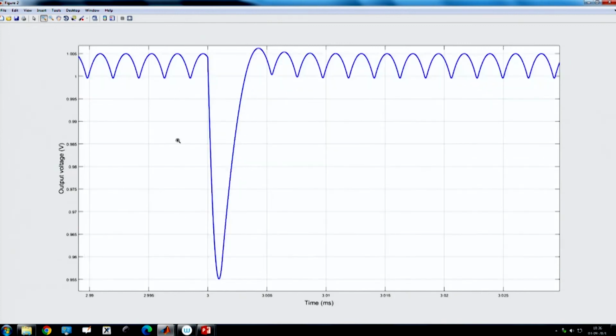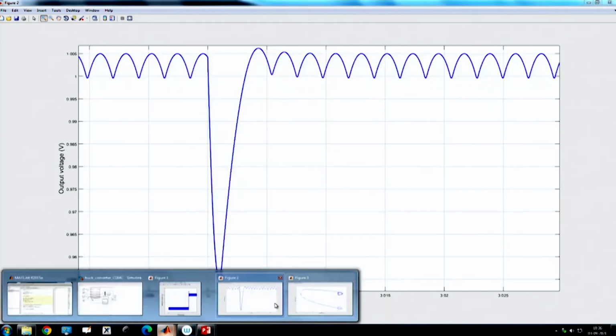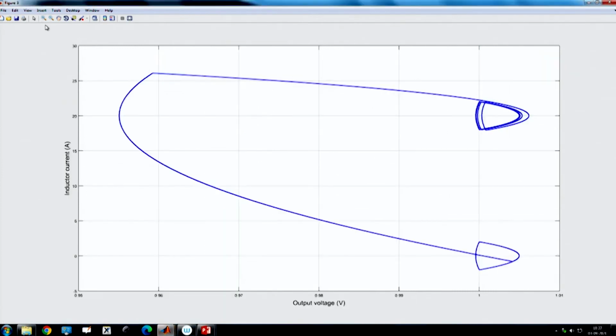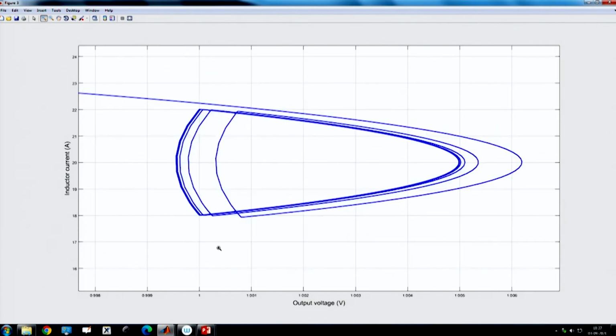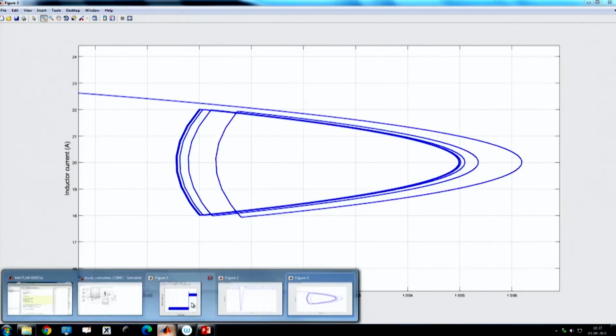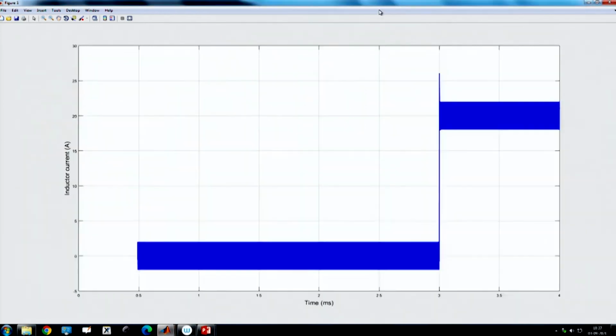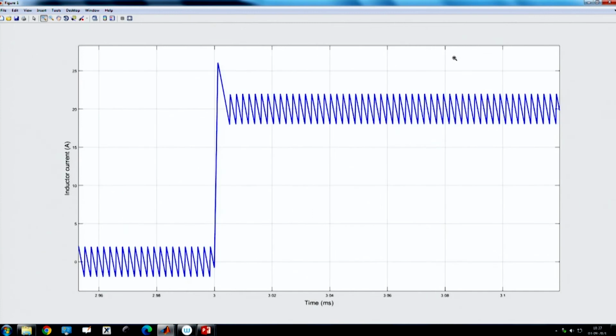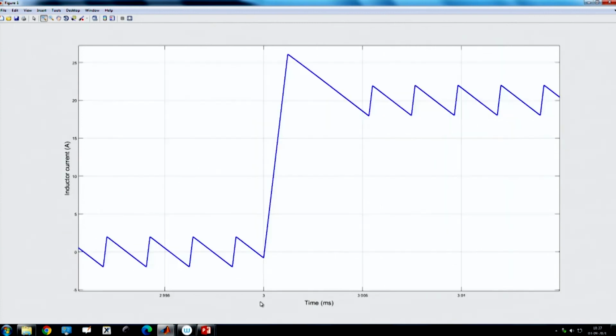That means it is not exactly one switching action; it is taking a few more cycles to reach steady state. A very small transient is coming here and the response is almost near the optimal response.